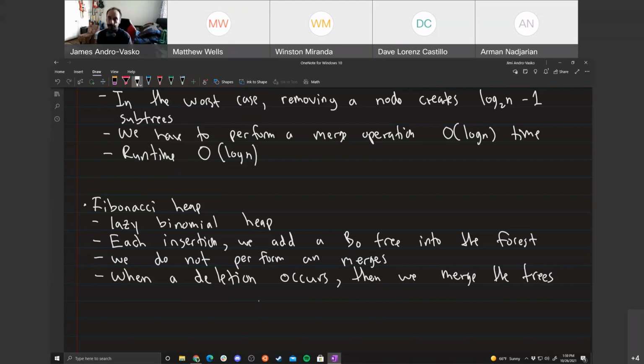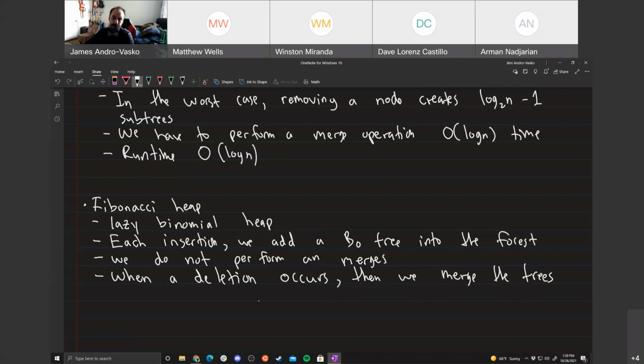So if we do a lot of insertions and not many deletions, then we even have a better runtime than a binomial heap, or better expected. Maybe not asymptotically, but it'll be better than a binomial heap. But it's not really so common, because sometimes that deletion could be a very large number of steps, which could become a problem, but it depends on the situation again.